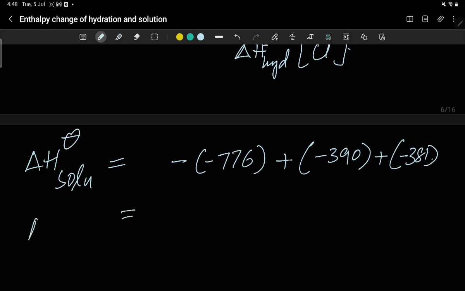And the delta H solution of sodium chloride is equal to plus 5 kJ mol⁻¹.